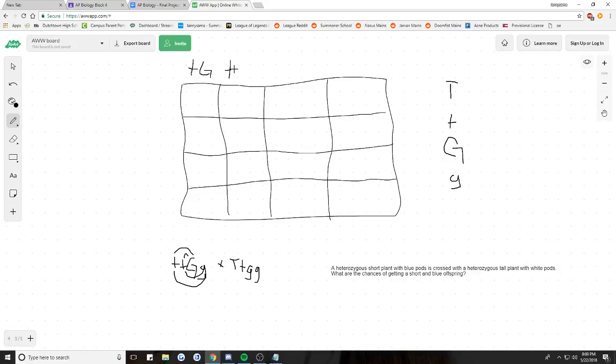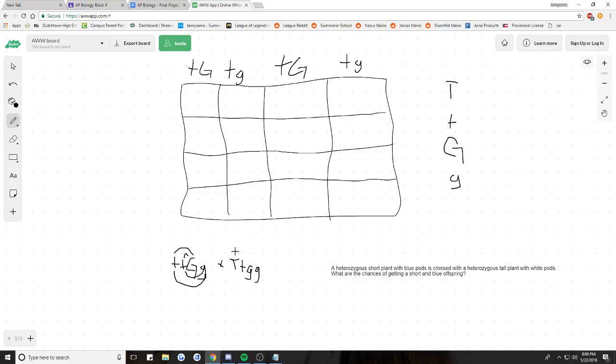Next one would be lowercase t, capital G. And next one will be lowercase t, lowercase g. And that's the first column. And then move on to the rows, which would be the second parents.